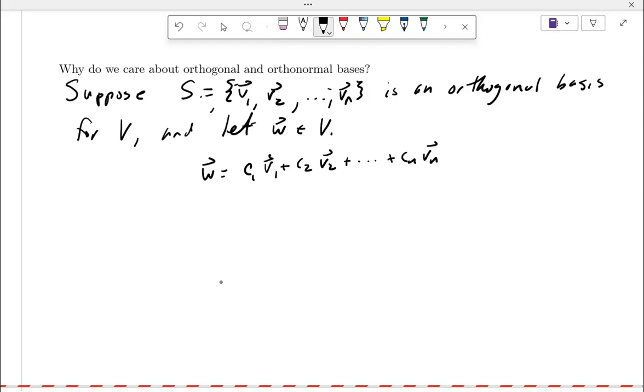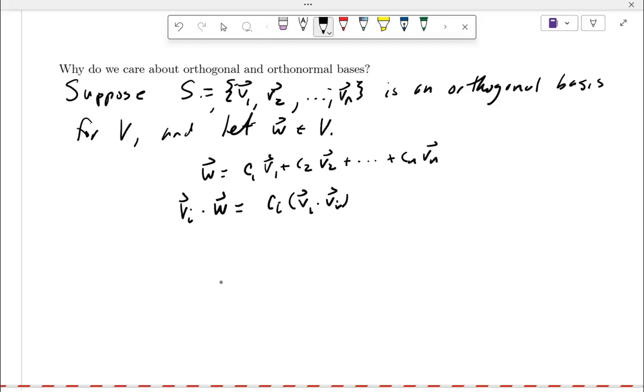Just like what we did in the previous part, I'm going to take the inner product of one of the V sub i's with W. If I do that on the left-hand side, what are you going to end up with on the right-hand side, from what we just did in the previous example? Ci times the dot product. Fantastic. It's orthogonal, so it kills everything off except for one of them, doesn't it?